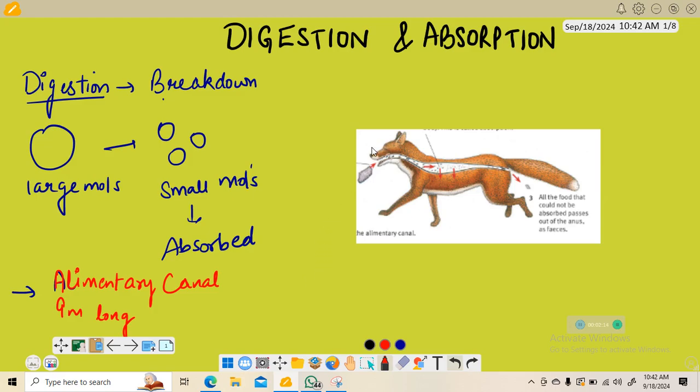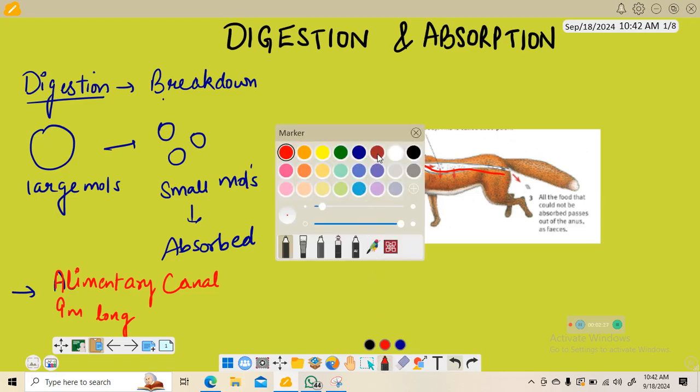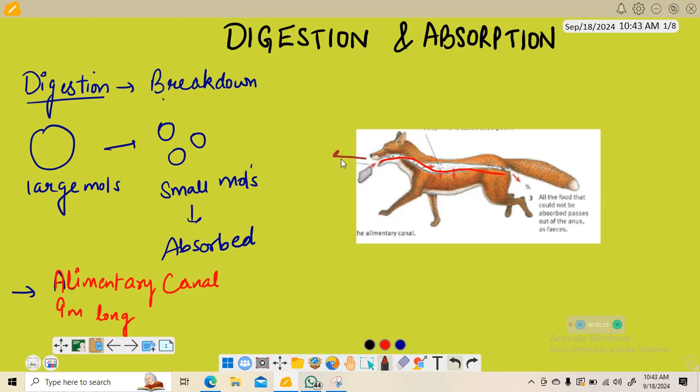The entrance to this long tube is the mouth, and the other end of the tube is the anus.